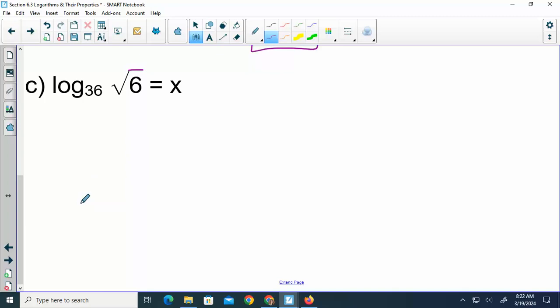One more. You guys didn't have this one to do on your own, but let's see if we can figure this out. So if I work out this one, we get 36 to the x power equals the square root of 6. What would you have to do here?